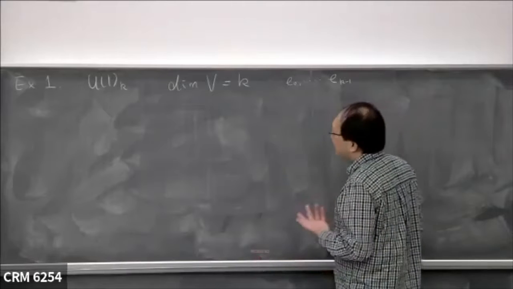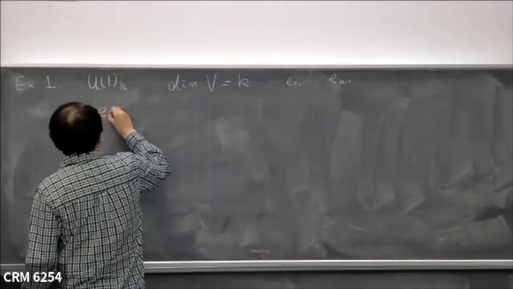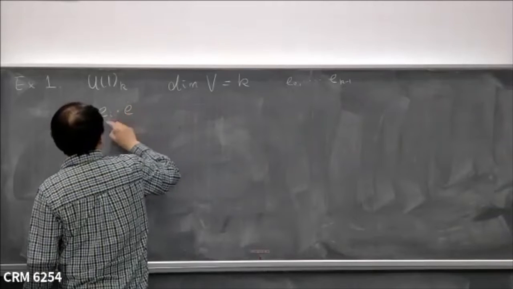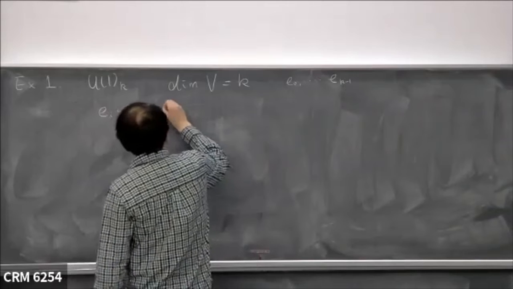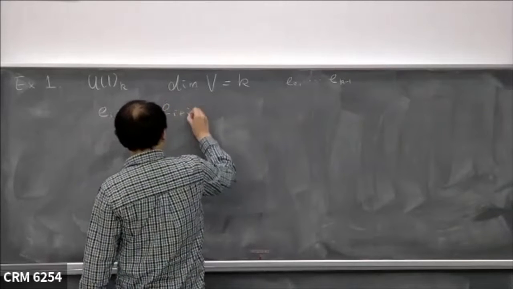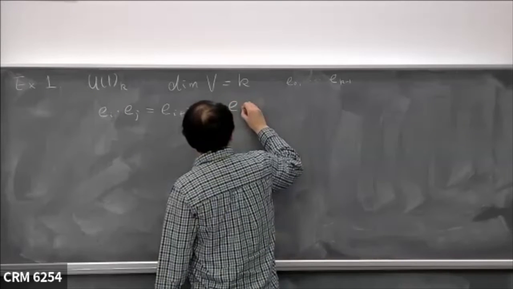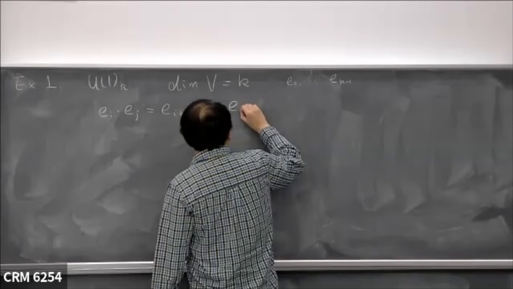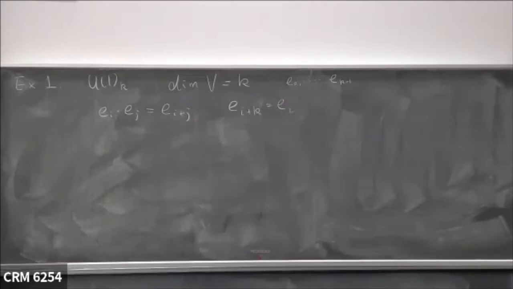The algebra structure is given by E_i times E_j equals E_{i+j}, and the relation is given by E_{i+K} equals E_i.